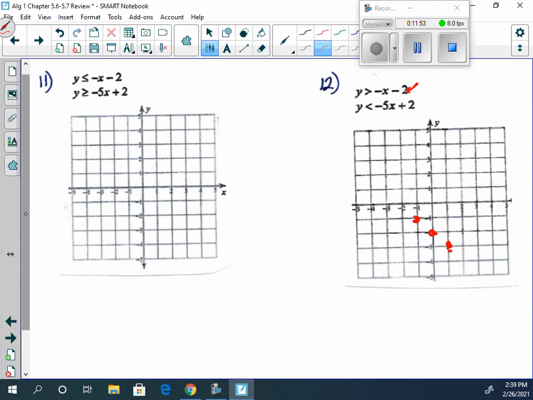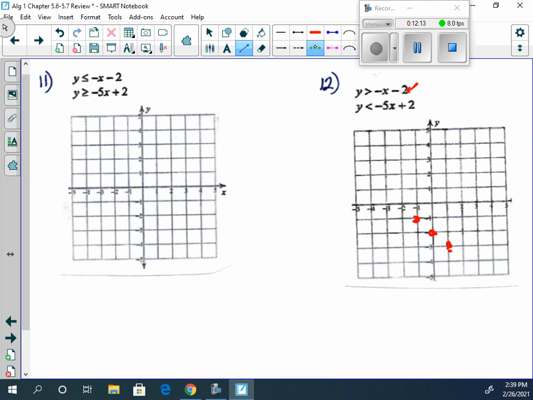I'm going to go on to number 12. Number 11 and number 12 are going to be the exact same, except the ones we're doing are going to be dashed. The ones on number 11 are going to be solid. They're the exact same equations.